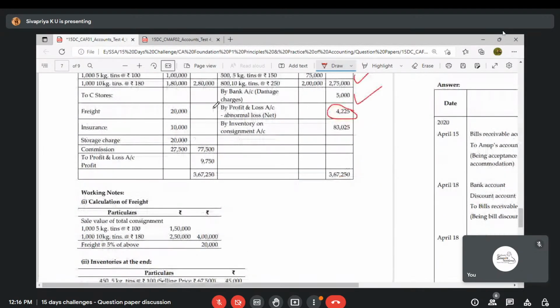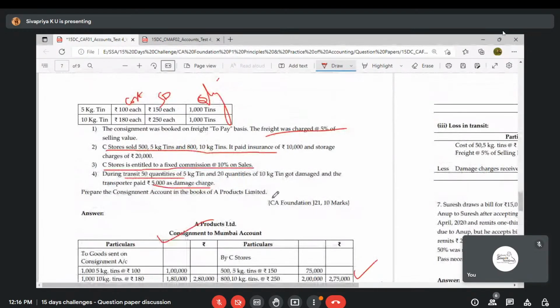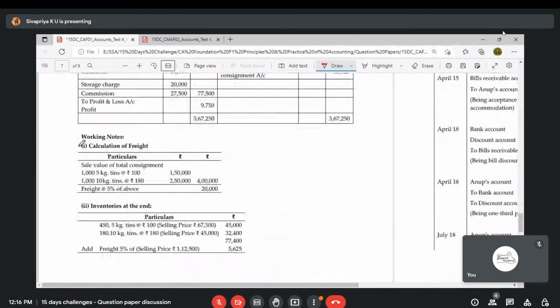And they have the working notes for freight. ஏன்னா freight வந்து percentageல இருக்கு, நமக்கு ஒண்ணு freight-க்கான workings இருக்கு. Okay, 5% of the total value of consignment is a freight.